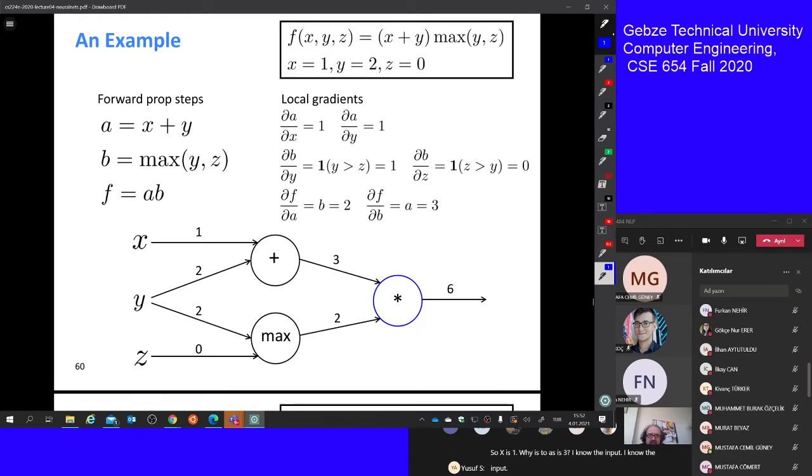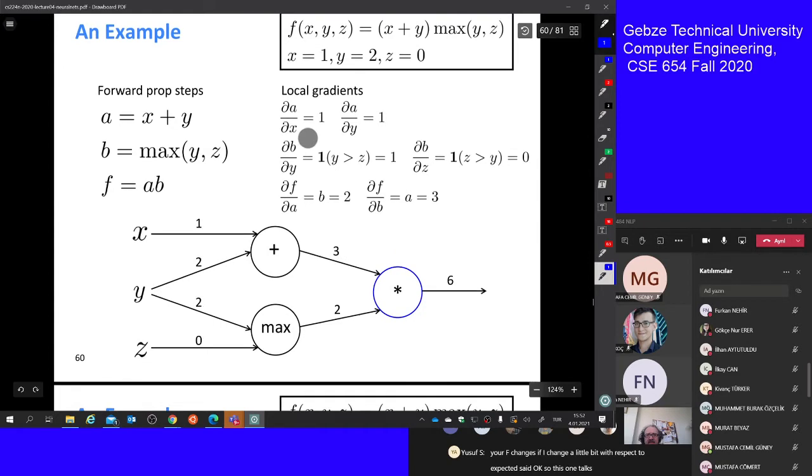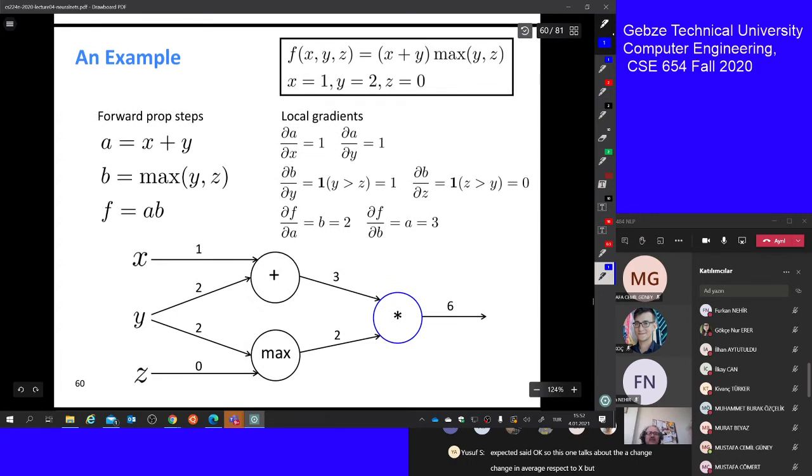Okay, let's look at this one. What does this one say? How does your f change if I change x a little bit with respect to x? That's it. So this one talks about the change in a with respect to x. But what I am trying to do is see how my output function changes with respect to all the input parameters.